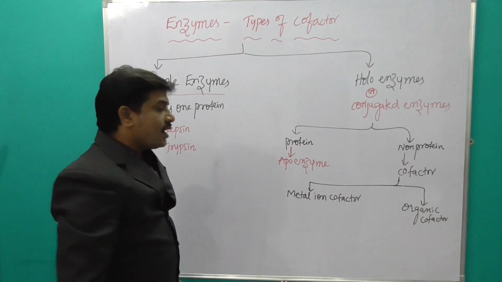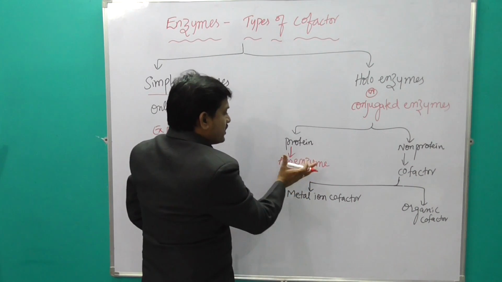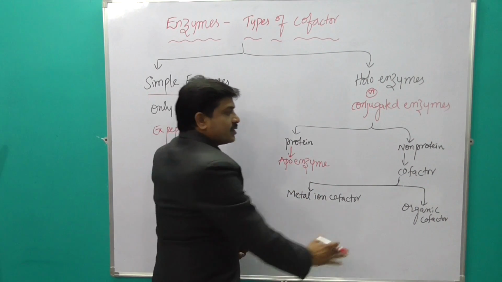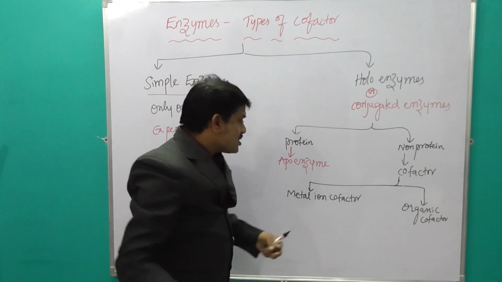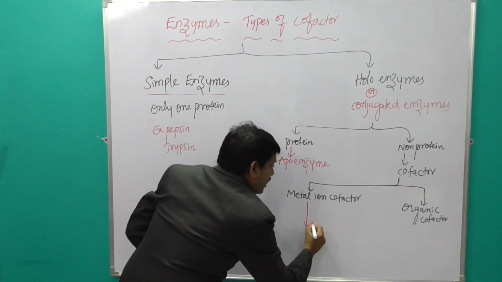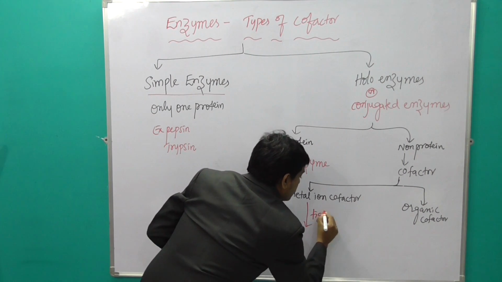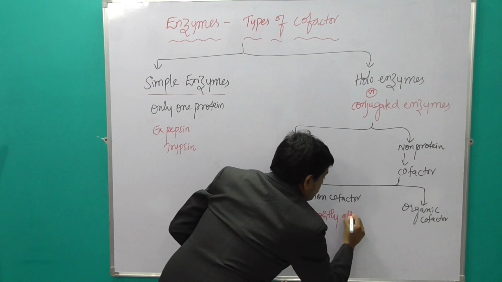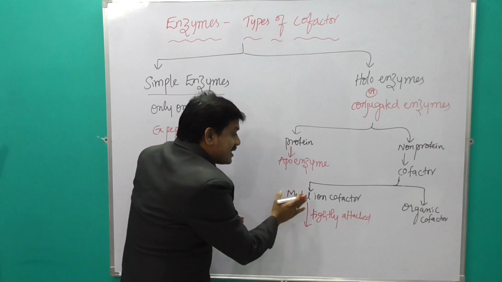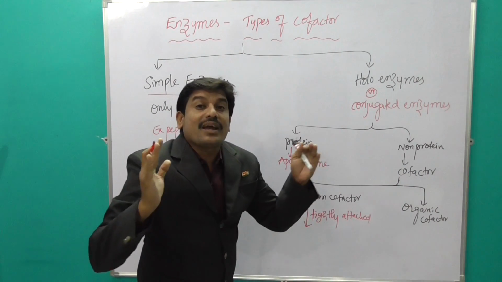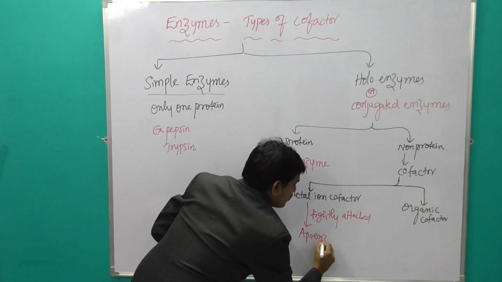What is meant by metal ion cofactor? This is very important. The protein part is called the apoenzyme, and these are totally non-protein parts, so they do not have any protein. These metal ion cofactors are tightly attached with the apoenzyme.